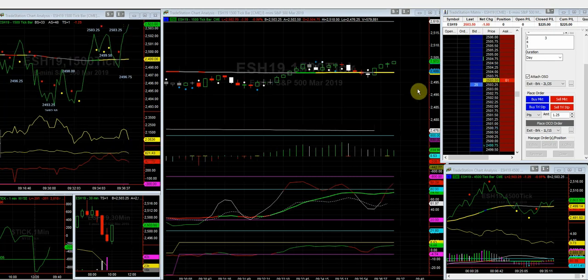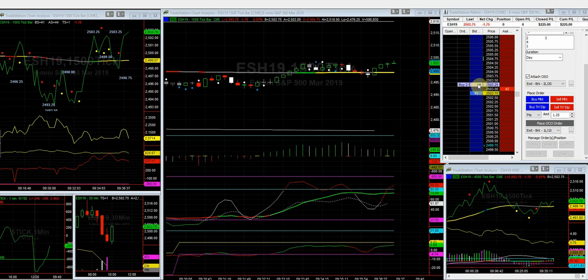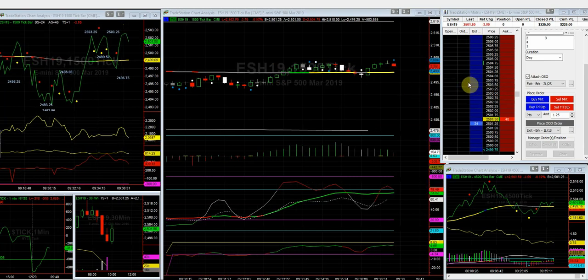And we can see that was right here. It went above it briefly. And you can watch that price. We didn't put that trade on, but you can watch that price and see how potentially that would have worked.